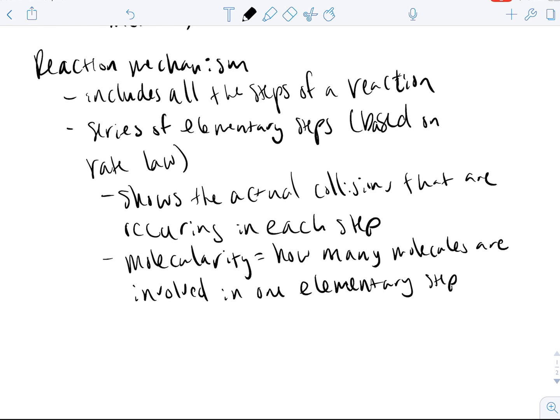This is basically how many atoms or molecules are colliding at one time.